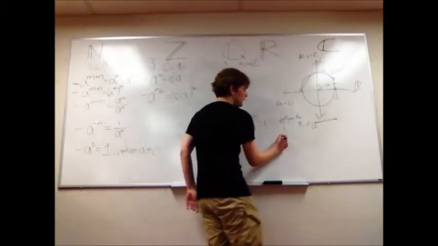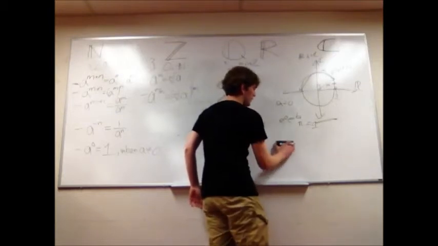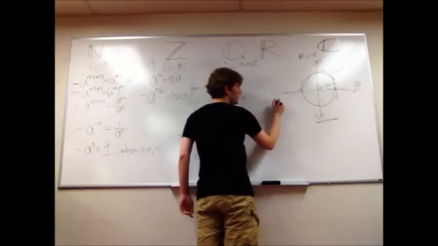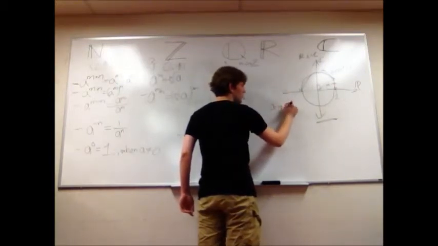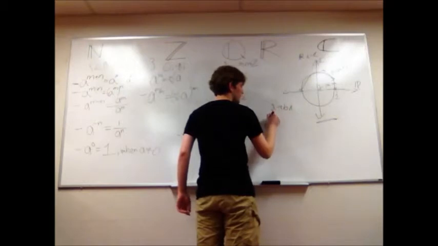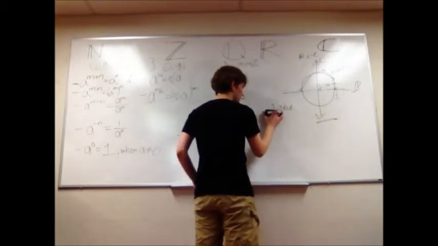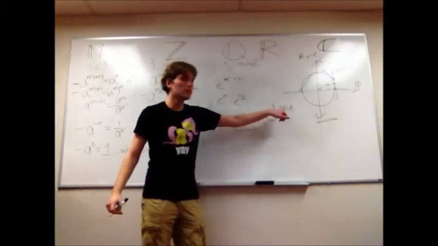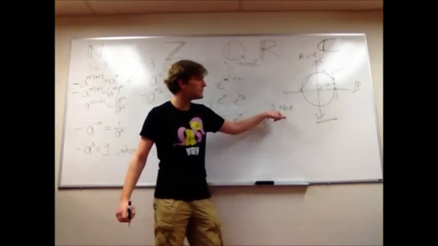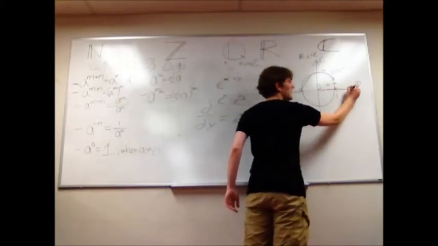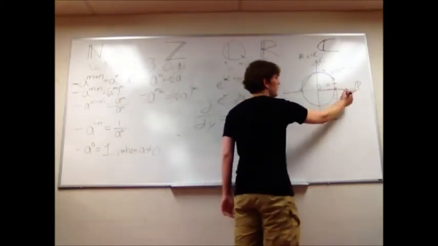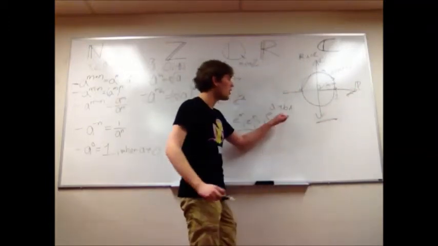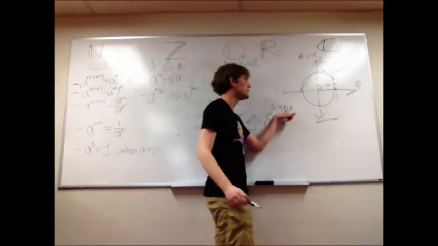But for any a values and b values you want to plug into this complex number, this a determines how far out you go. You go out e to the a values along this. And then from there you rotate that however many radians this b tells you to go.